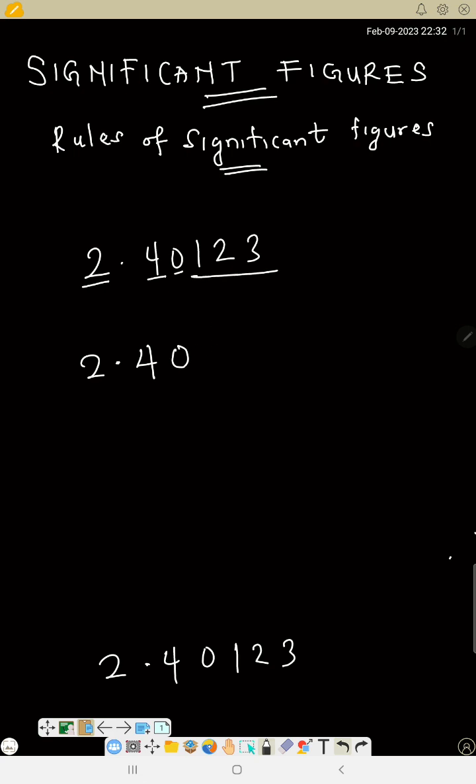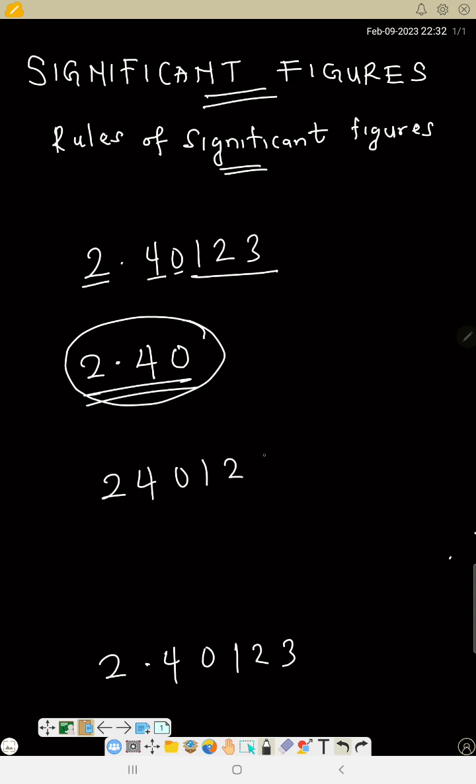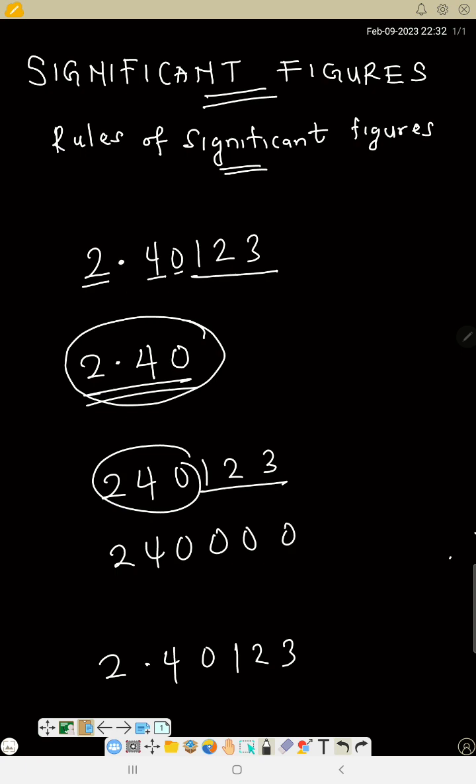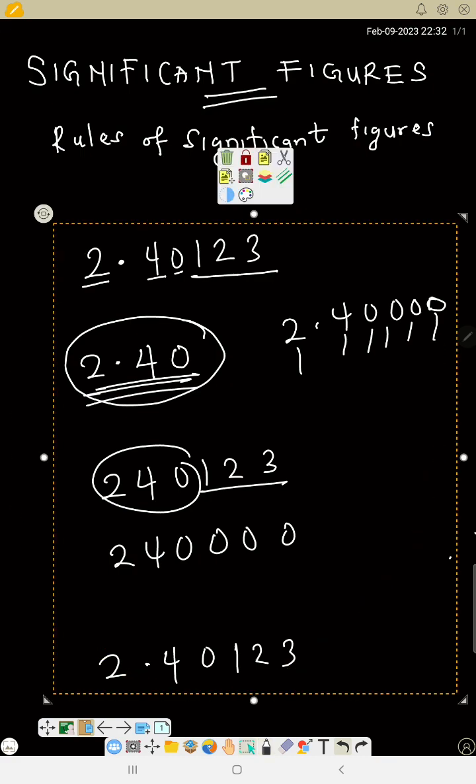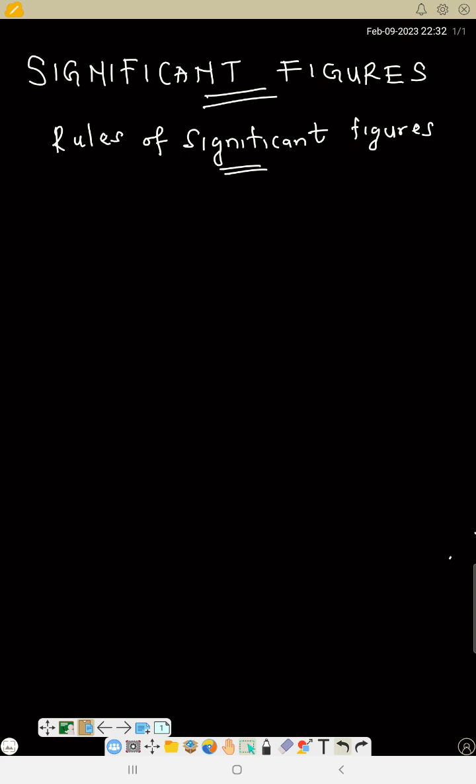No need of turning these ones to 0, so you stop. This is three significant figures, compared to the one without a point that I did. Three significant figures should be 240, just this, but you have to turn all the other ones to 0. But if there is a point, you stop exactly on the 3, don't turn any other number to 0, because if you go and say 2.400 like this, it is not 3 significant figures. This is 1 2 3 4 5 6. Take note of points. So that is it. Now study the rules so we can solve questions later.